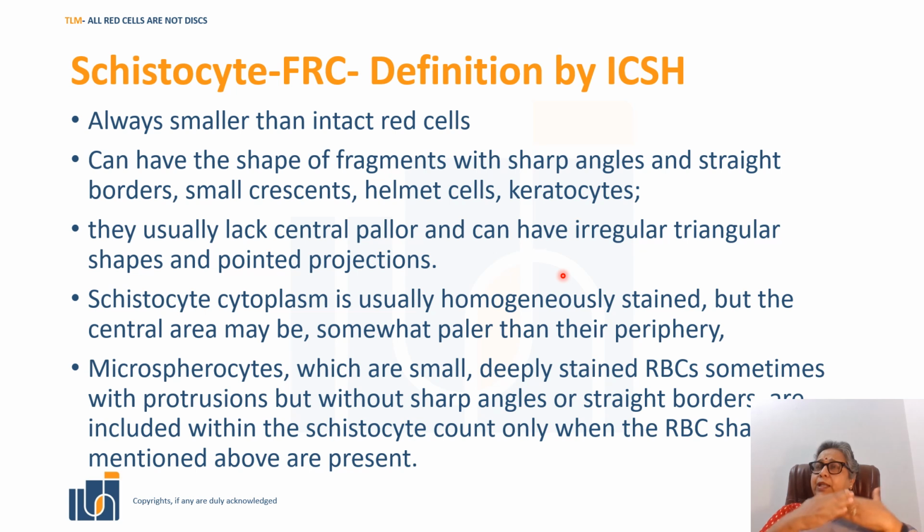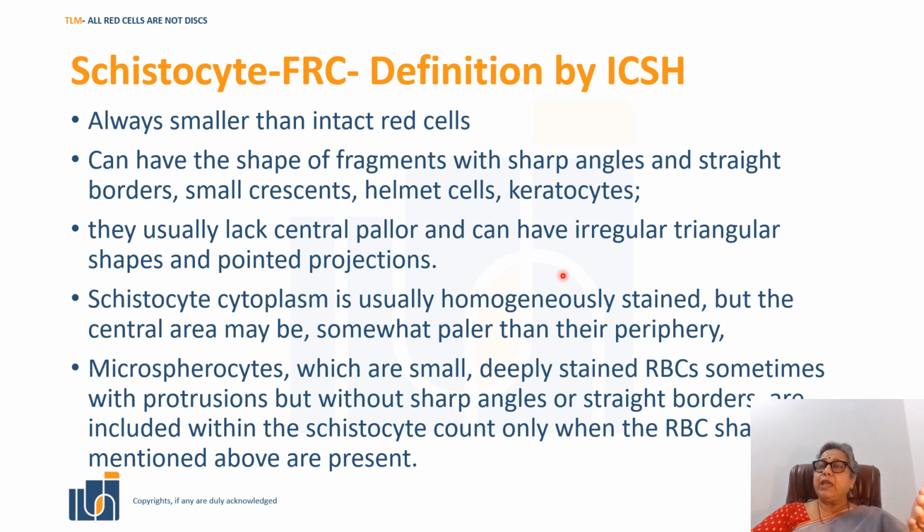Now, if you find these other fragments, like the triangle cells, the keratocytes, the helmet cells, small crescent-shaped cells, then you also look for microspherocytes. And what are microspherocytes? They are small, deeply stained RBCs. Sometimes they may have protrusions, but without sharp angles, without straight borders.